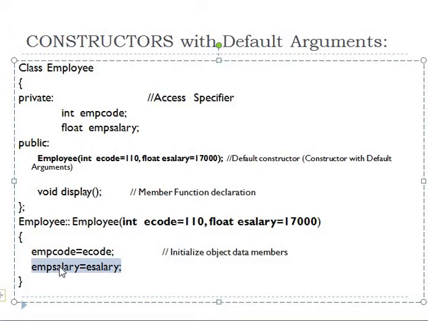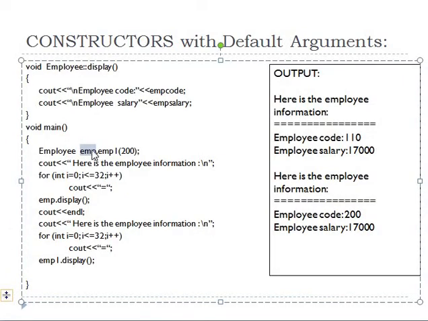Again, the data member EMP salary shall be initialized with the default value of eSalary, which is 17,000. As a result, the data member EMP salary gets the default value of 17,000. So this puts EMP code as 110 and EMP salary as 17,000, but those values are against this particular object, which is EMP.